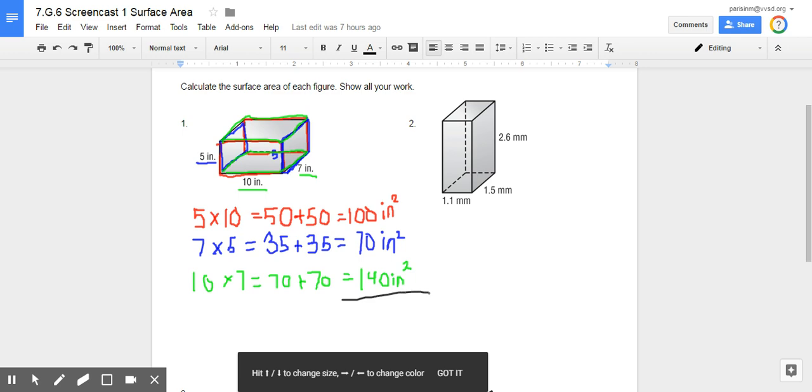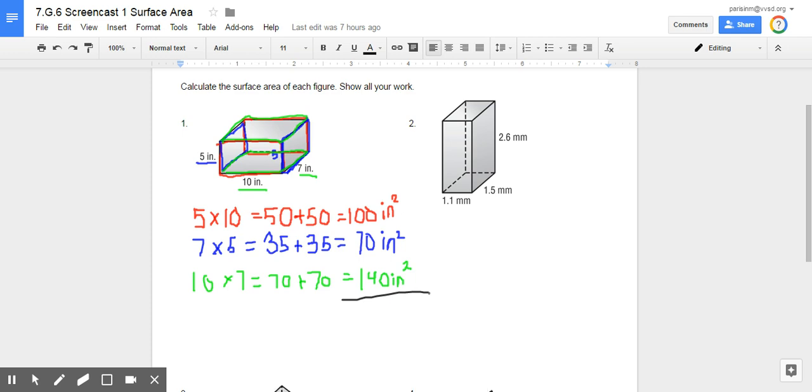I have 100, and you can use a calculator, 100 plus 70, and then plus 140, and I get 310. And we're talking about area, so that's going to be our square units of inches squared.